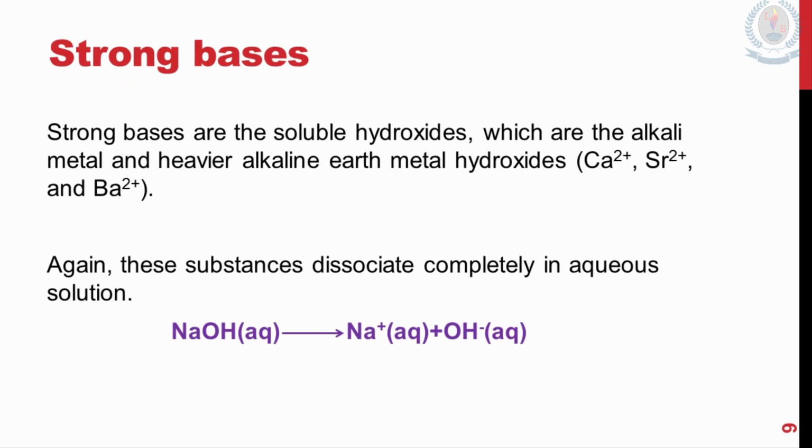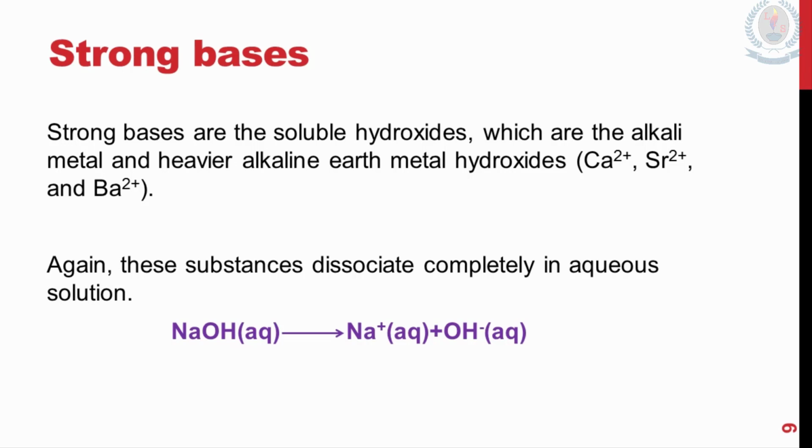Now let's have a look at strong bases. Like strong acids, strong bases are the soluble hydroxides, which are the alkali metal and heavy alkaline earth metal hydroxides. For example, calcium hydroxide, strontium hydroxide, barium hydroxide. Sodium hydroxide, magnesium hydroxide, all are strong bases.